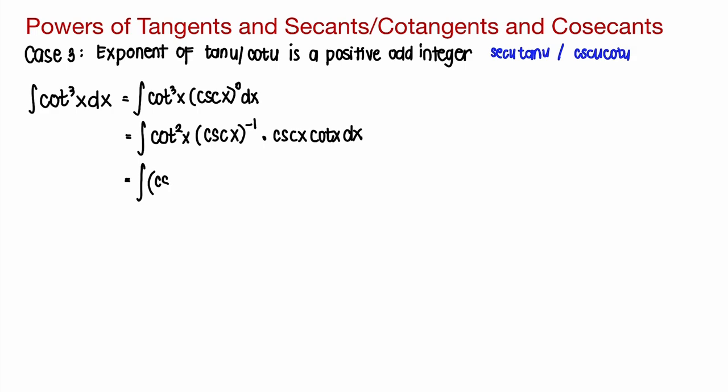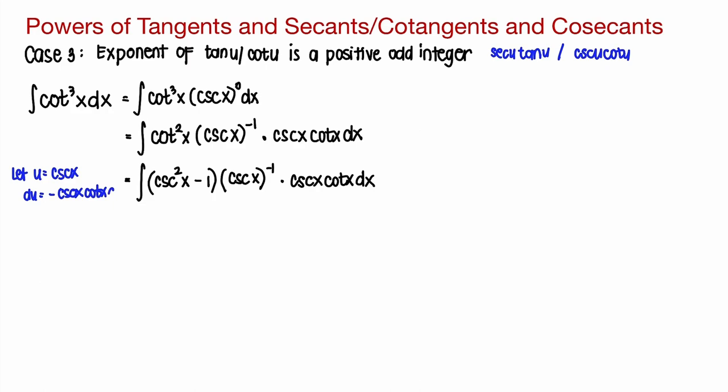That's equal to cosecant squared x minus 1 times cosecant x to the power of negative 1 times cosecant x cotangent x dx. So we can now perform substitution. We let u equals cosecant x, so that du equals negative cosecant x cotangent x dx.